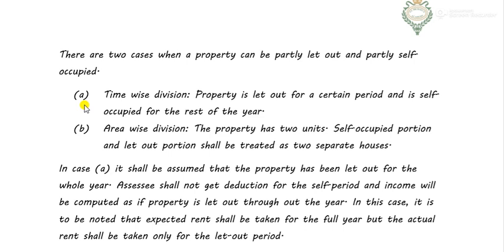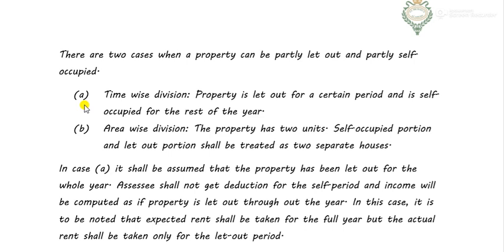It's not their work to bifurcate the values, but in this case the value is to be bifurcated, because you are using half the house and half is being used by your tenant, or you are using 60% and 40% is being used by the tenant.